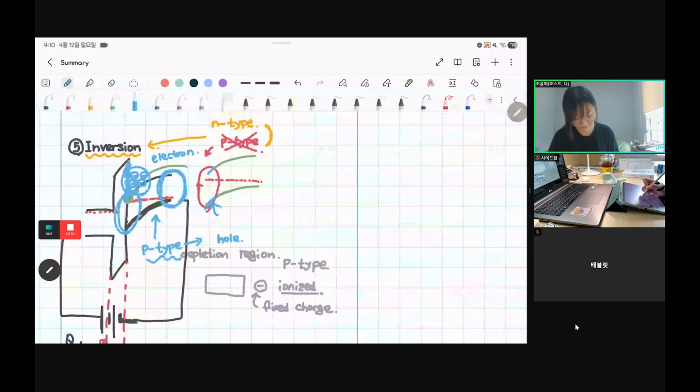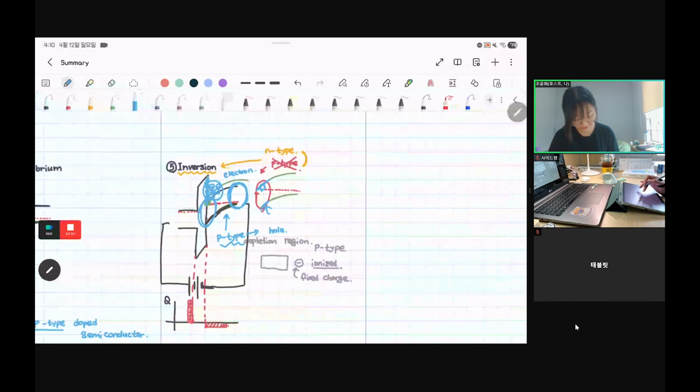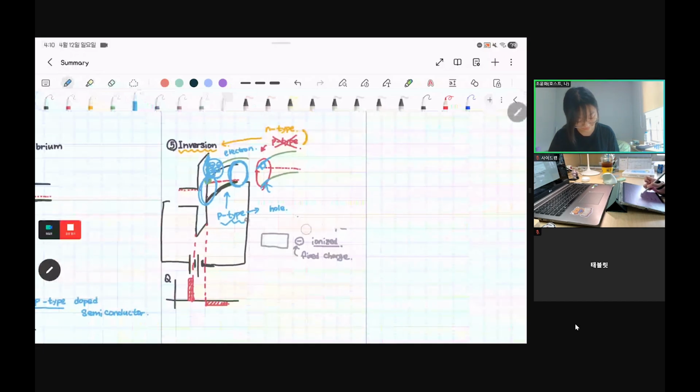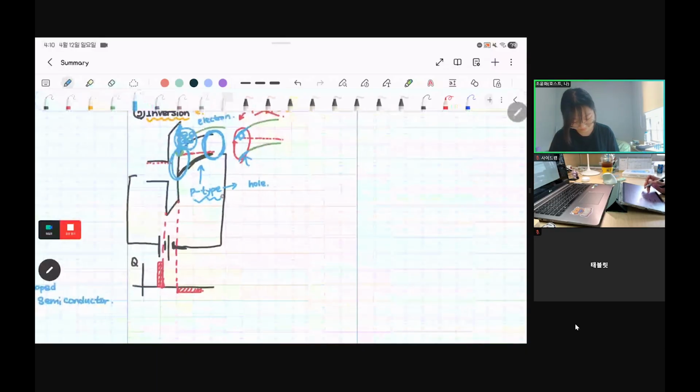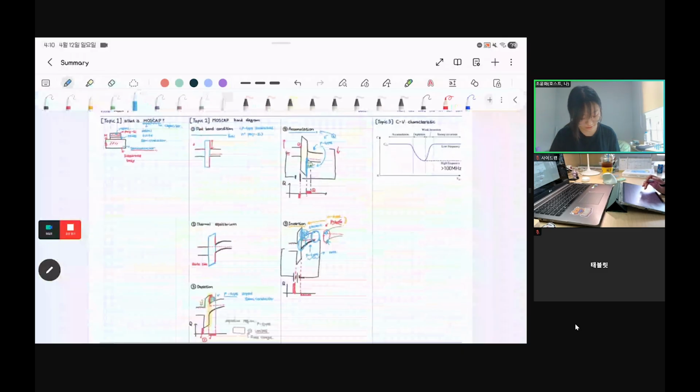The Fermi level goes up toward the conduction band, so it conducts like an n-type. So we call this state inversion. So we just saw the 5 cases for the MOSCAP.